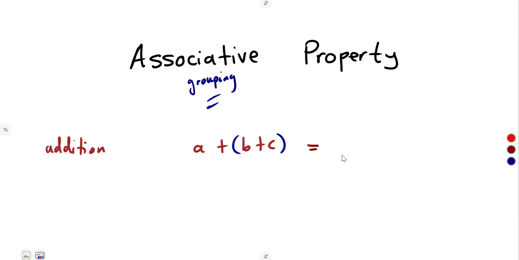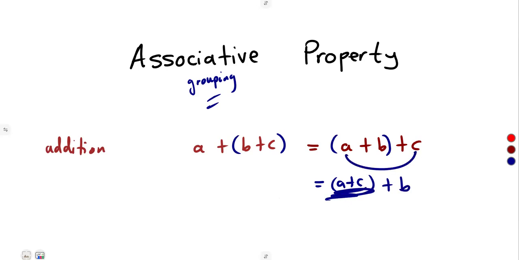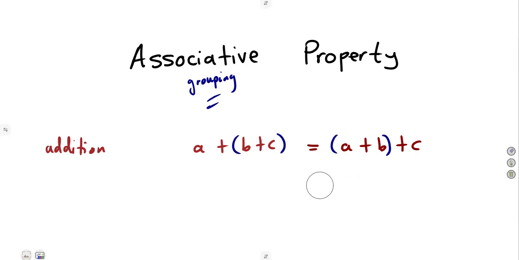Someone writing A plus B plus C, having A and B in a group, will still get the same answer, even if I write A plus C plus B. It does not affect anything. Grouping into two is associative.